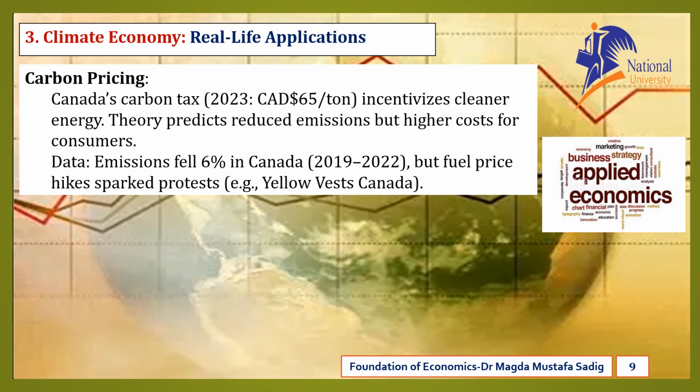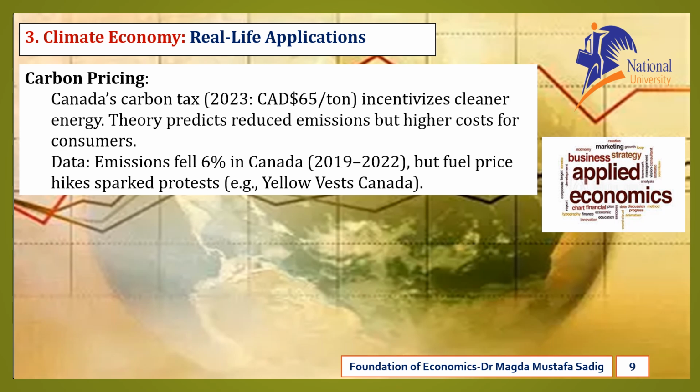Between 2019 and 2022, Canada's emissions fell by 6%, showing the tax's effectiveness in reducing pollution. However, as theory also predicts, such policies can have distributional effects, raising fuel and energy prices for households and small businesses.